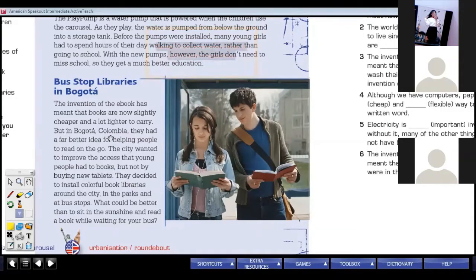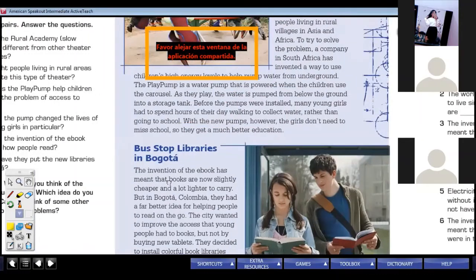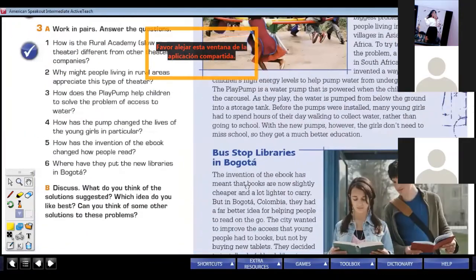When you wait for the bus in the Transmilenio, you can find some mini libraries in which you can take books and read till your bus comes. That's a pretty interesting idea. All right, everyone understood because it was pretty easy.